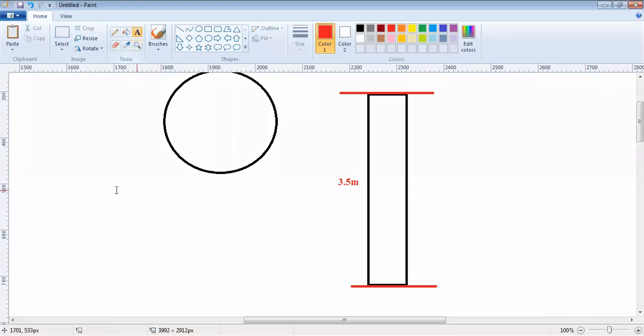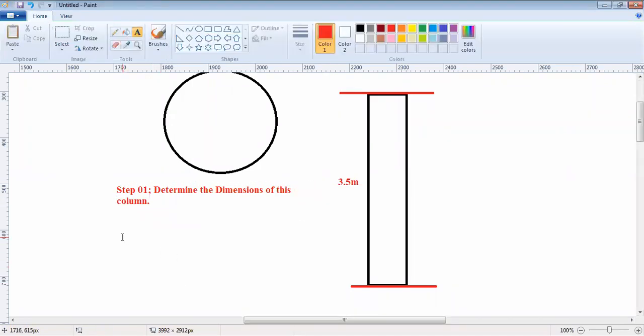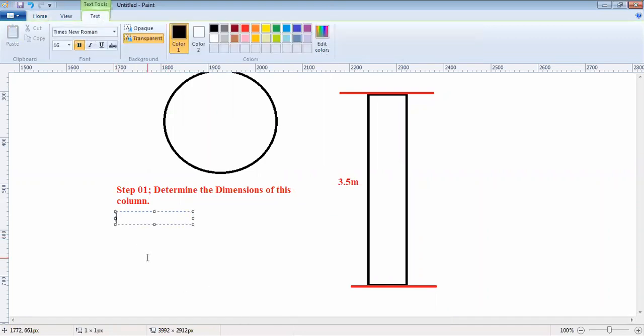So the first thing, step number 1, is you determine the dimensions of this column. Now we know that you have to at least fix the dimension of the column at 300 mm.